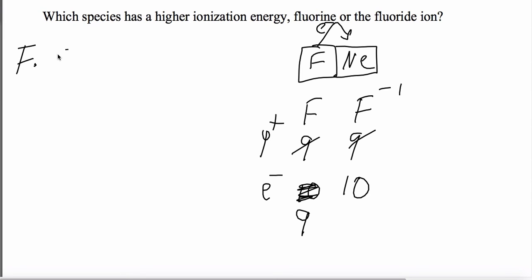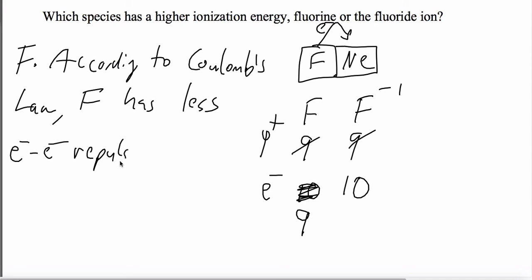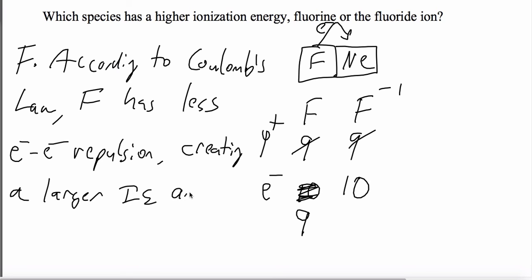So F, according to Coulomb's law, has less electron-to-electron repulsion, creating a larger ionization energy and a smaller atomic radius.